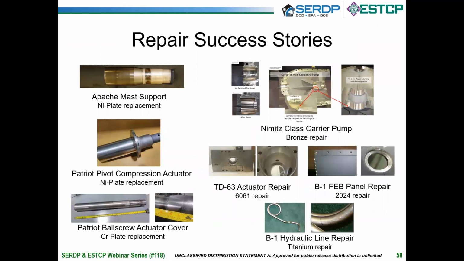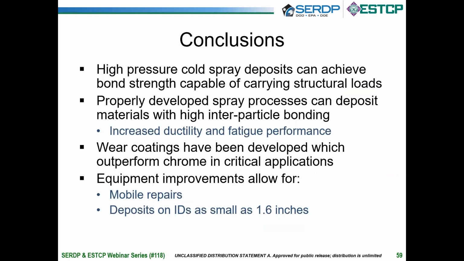So with that, I'll just throw up a few success stories. I'll be happy to talk about any of these in more detail. Wide variety of materials, from the harder nickel chrome replacement materials to bronzes and aluminums and so forth. So cold spray as a process, we can do a lot of work with this high pressure cold spray.